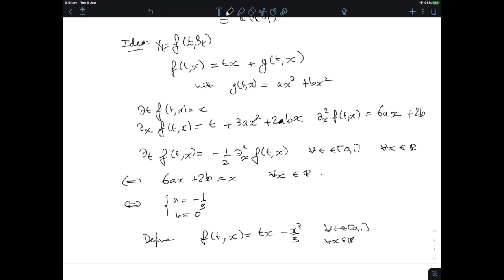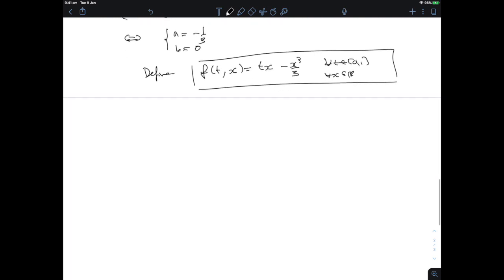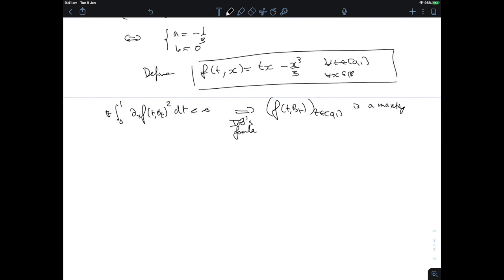now we're going to have that f(t,Bt) defines the martingale as soon as the expectation of the integral of ∂x f(t,Bt) squared is finite. So Ito's formula will imply that f(t,Bt) is a martingale with respect to the Brownian filtration.